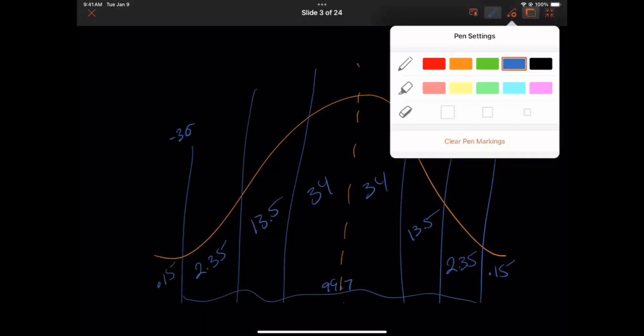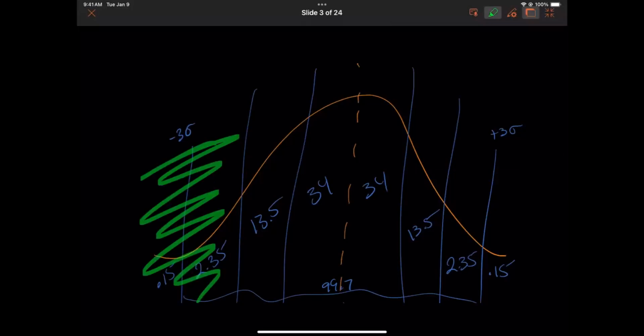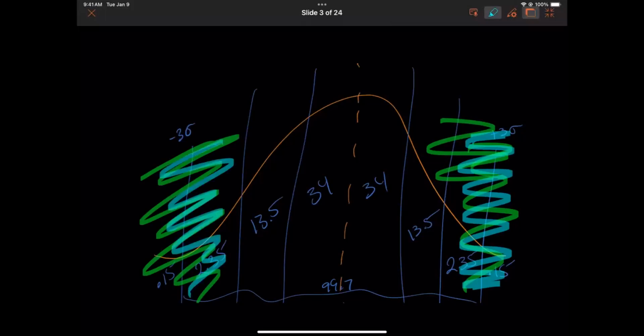The outliers are anything more than 2 standard deviations away. So anything out here and out here, whoops, that's too far. Anything that I'm highlighting blue right now is an outlier. The usual values, the values that are not outliers, are these values in here.